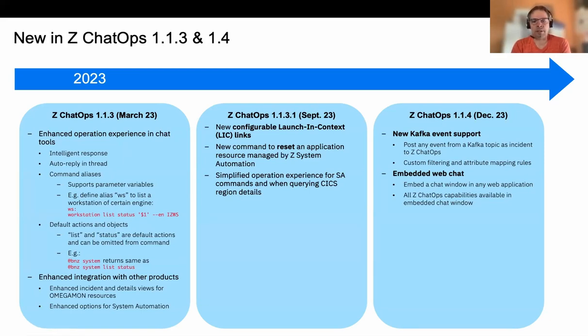For example, if it's not clear on which system you actually want to take an action, it will ask you for the system and give you a drop-down box where you can just select the system.